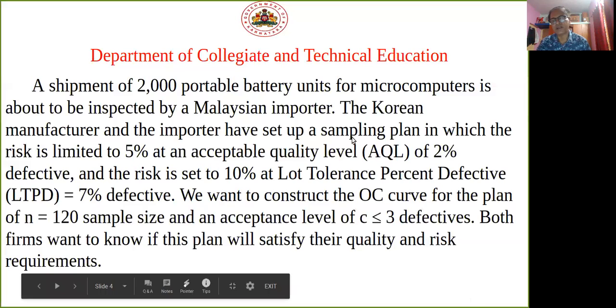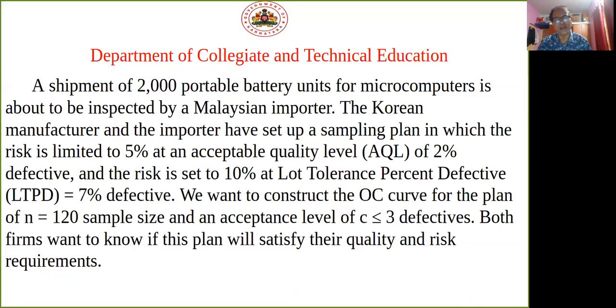We need to construct an OC curve for the plan n equals 120 and acceptance number c less than or equal to 3. So we need to find the acceptance probability for 0 defectives, 1 defective, 2 defectives, and 3 defectives. With this, we can start the problem.